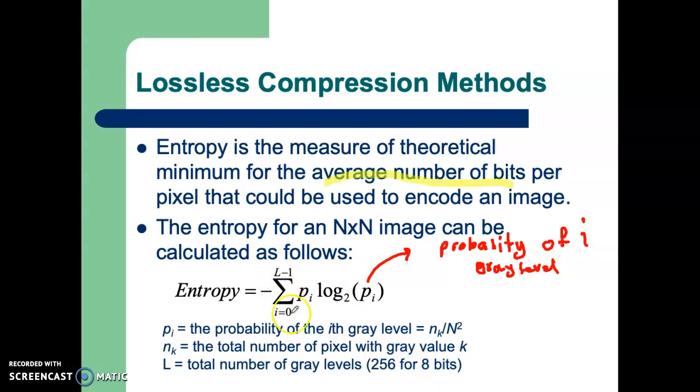So if your image is 8-bit, then the total number of gray levels is 256. So you will get the entropy from gray level 0 to 255. Then you do the summation over all the gray levels, taking the probability, and with this probability you get the log P(i). Later we will see the example.